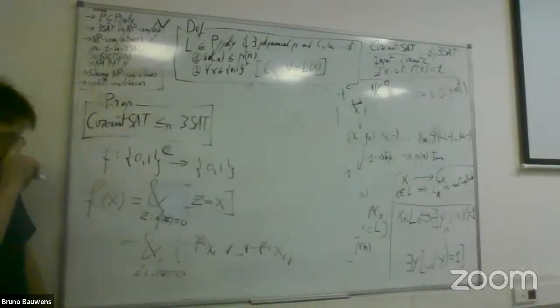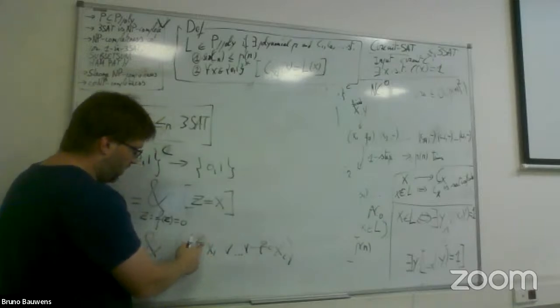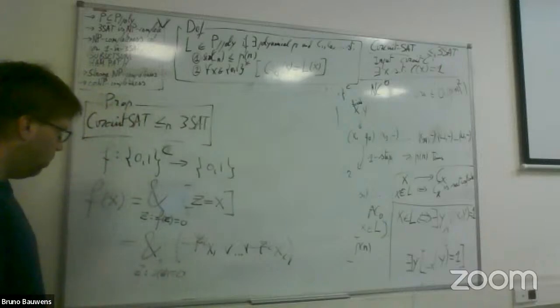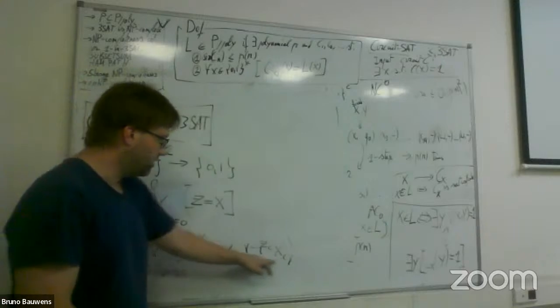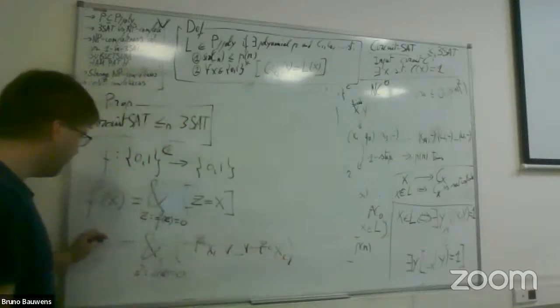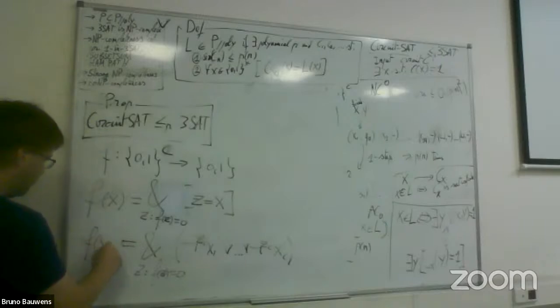So this is the clause. Let me check it. So if both x1 and z1 are 0, so okay, if x equals z, we need to have all zeros, and then the value will be 0. That's what we have to prove, right?